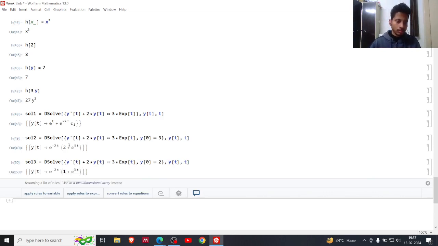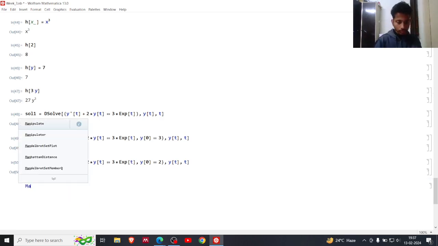The solution is getting changed due to the value of y at t equal to 0. Here it was 3, now it is 2, so you can see the change here. Now we will use Manipulate.